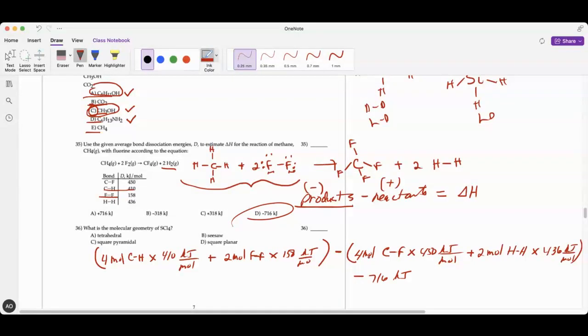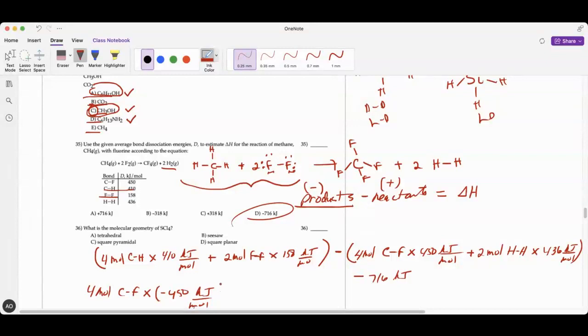Now, if I were to do products, I would just say, okay, I have 4 moles of the carbon-fluorine bonds times a negative 450 kilojoules per mole.